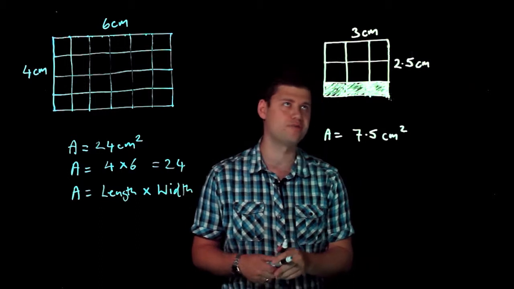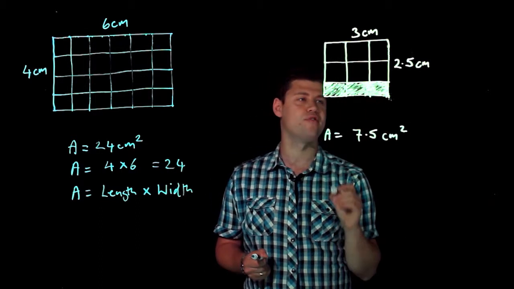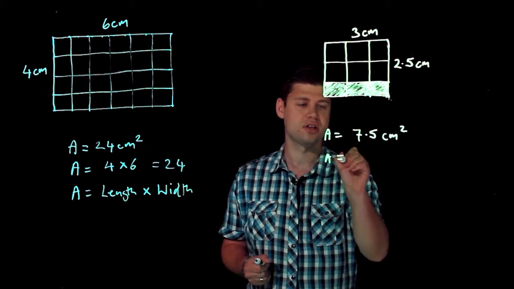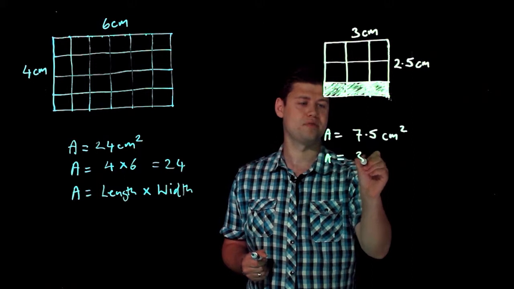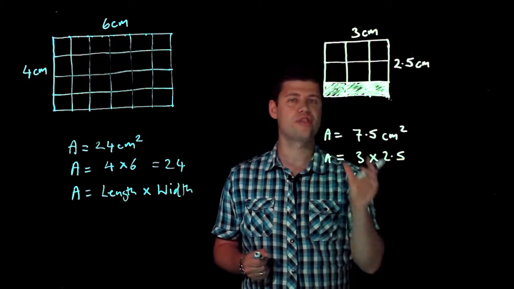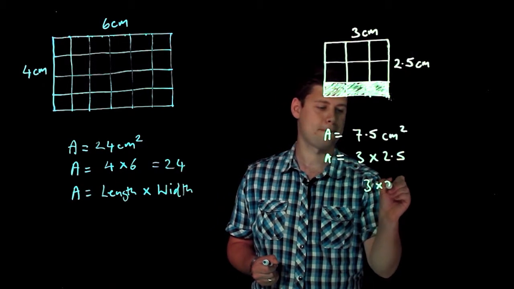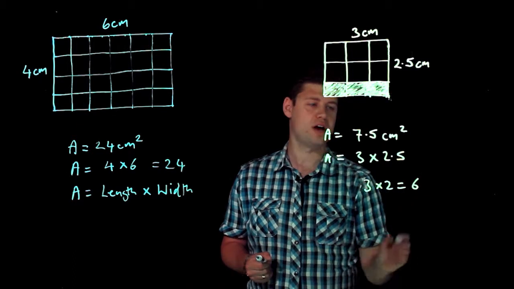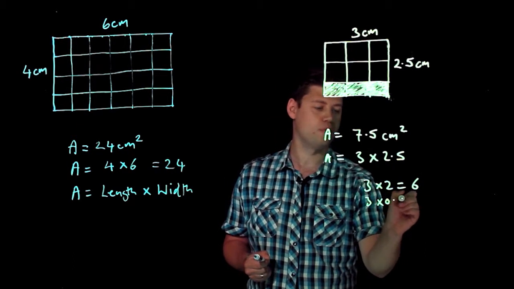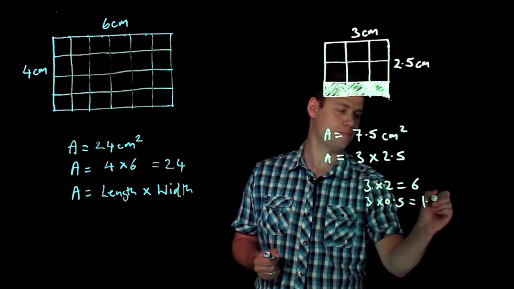Let's see now if that works for our other example over here. Well, we know that the area is 7.5 centimetres squared, and that is the same as 3 times 2.5. 3 times 2 is 6, and 3 times a half, or 0.5, is 1.5.